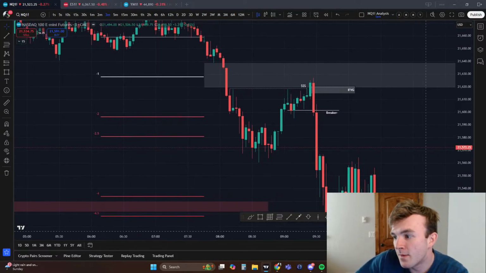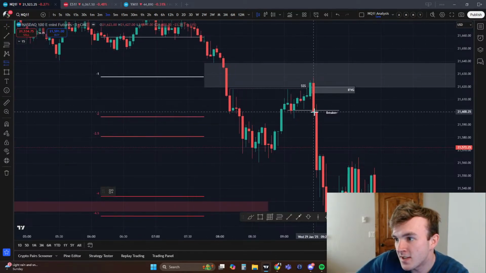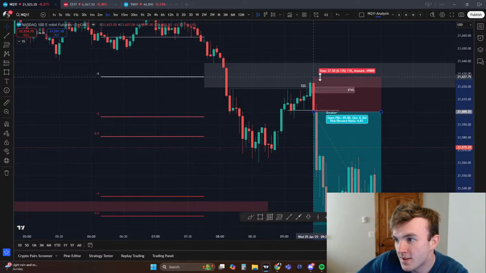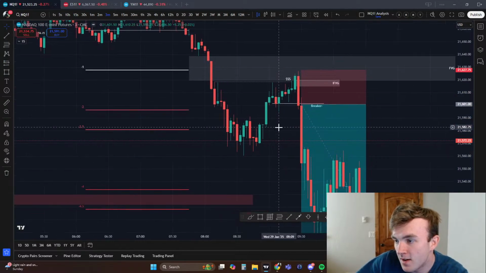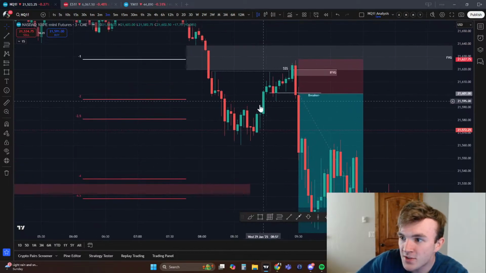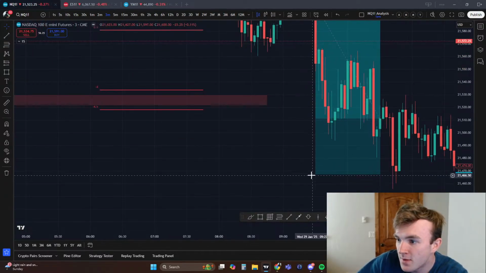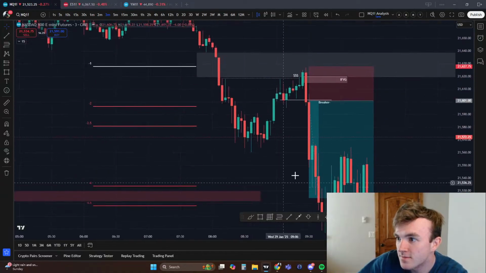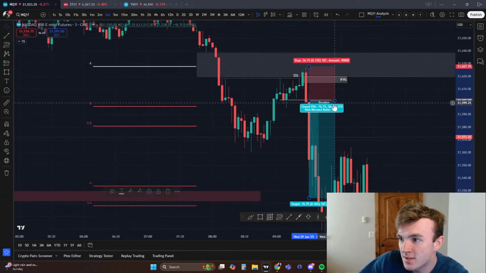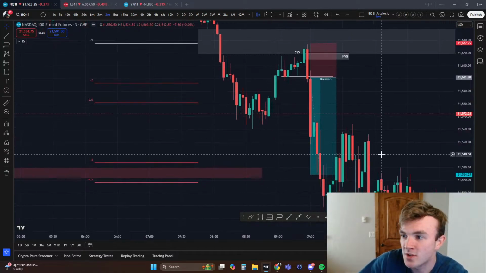So yeah, one possibility is you could literally just enter on the close below this breaker, and the scary part is you have this external gap, but with conviction in the draw and liquidity, this possibly could be a way that you could have entered this trade.